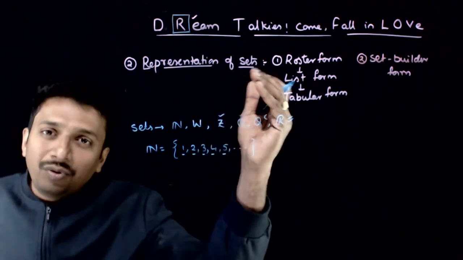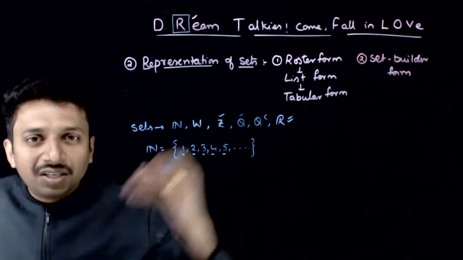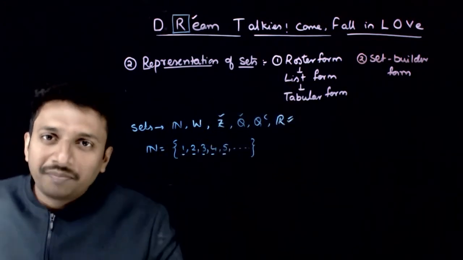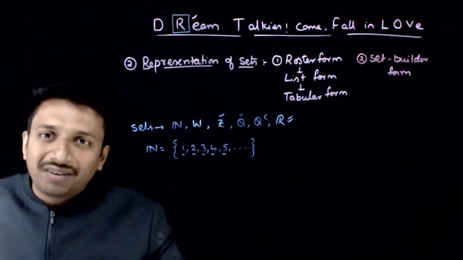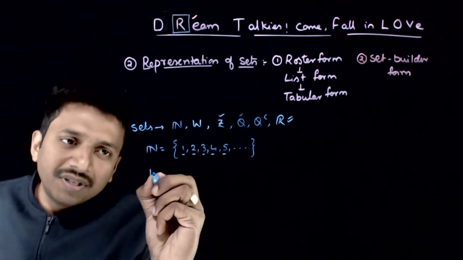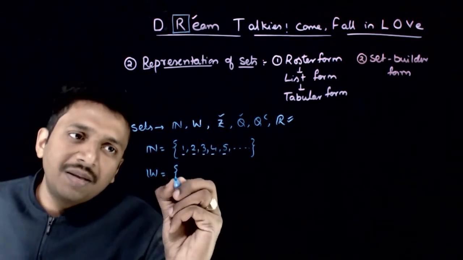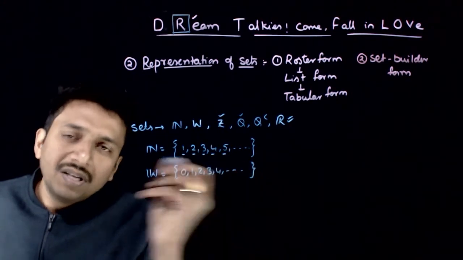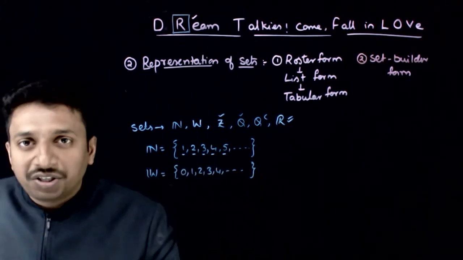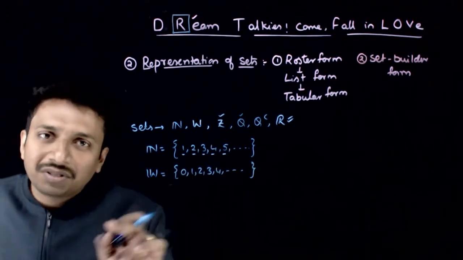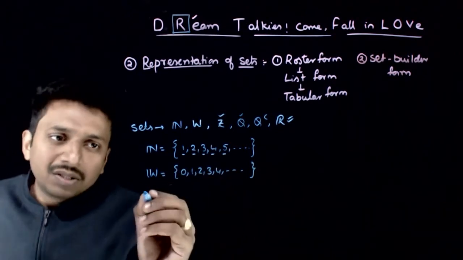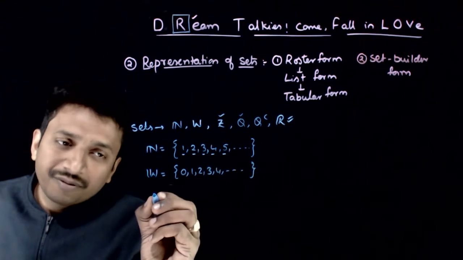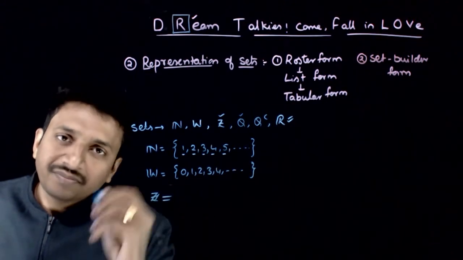A roster, if you look at the word in your dictionary, also represents a log book where all the names are written. So the set of whole numbers is nothing but 0, 1, 2, 3, 4, so on. This is also a roster form of representation. That is, you list all the elements of the set. So what is the set of integers?